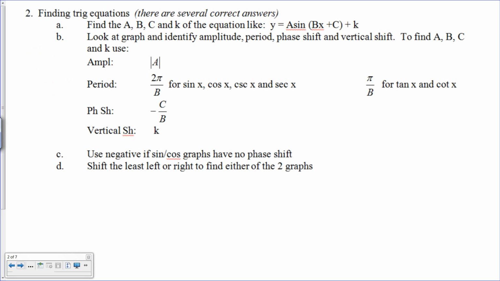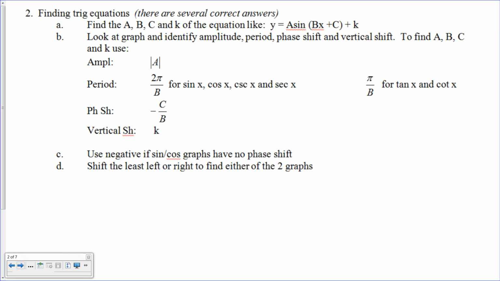We're going to have some rules that we're going to follow in this class, so we're talking the same language. When you find the equation for a trig function, there's an infinite amount of correct answers. So we have to decide what we're going to be looking at and where to start in terms of getting a trig equation.